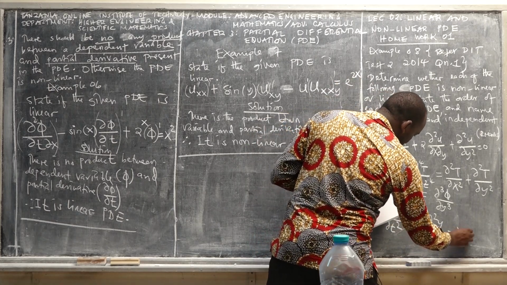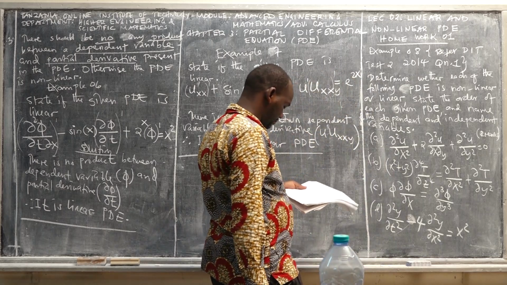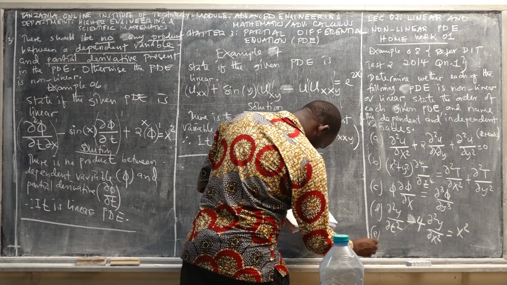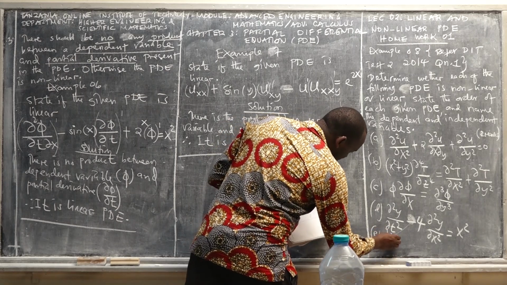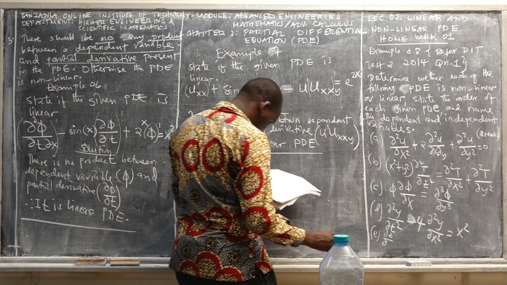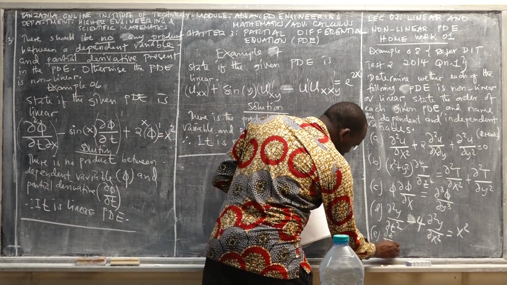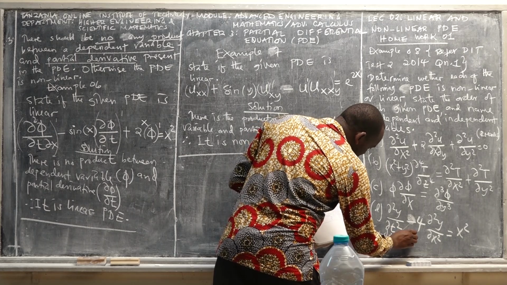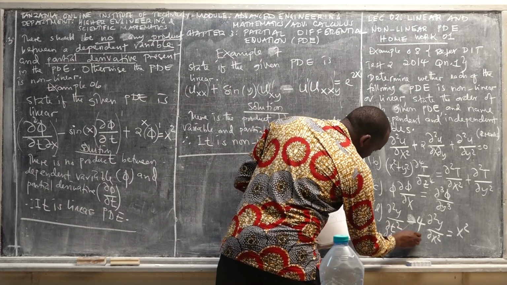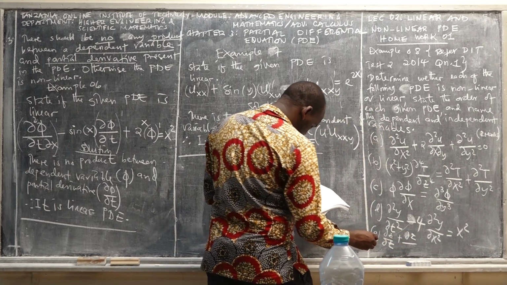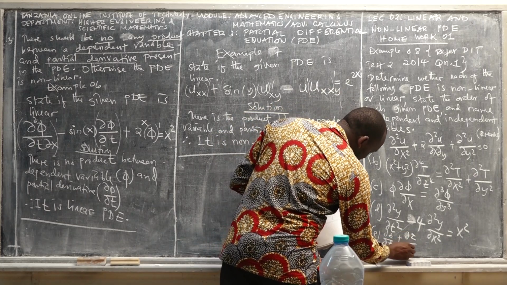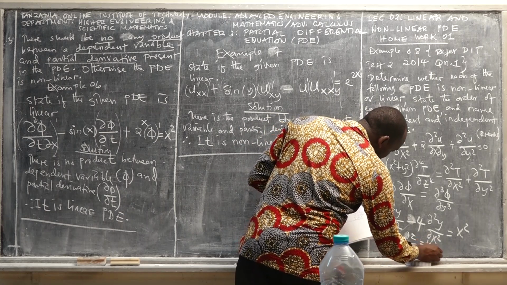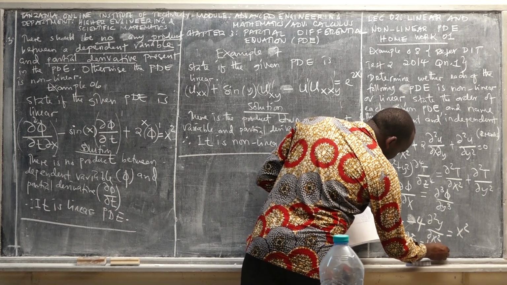This one is equal to x squared. (e) first derivative of z with respect to t plus partial derivative of z with respect to s. This one is equal to 1 over z squared.